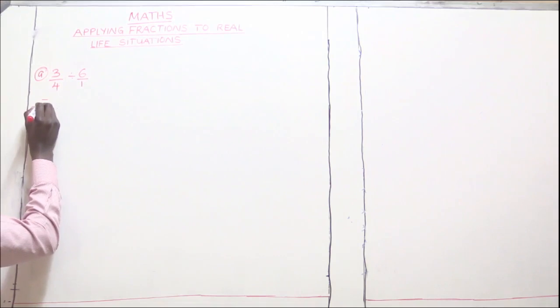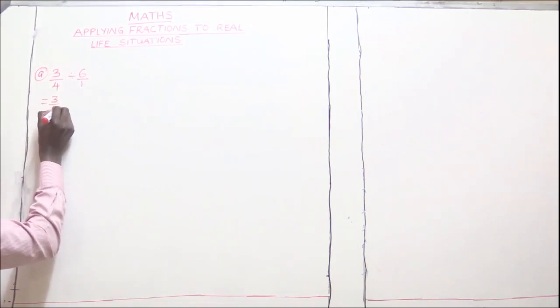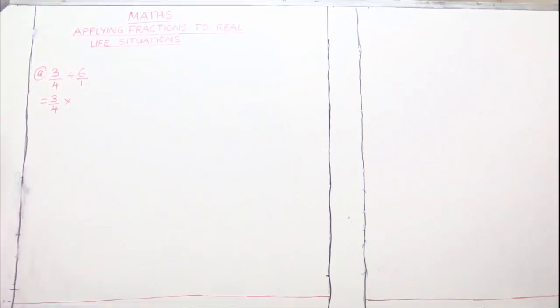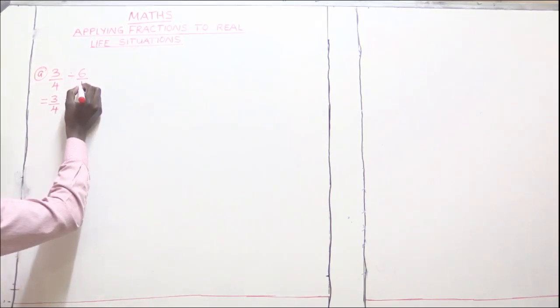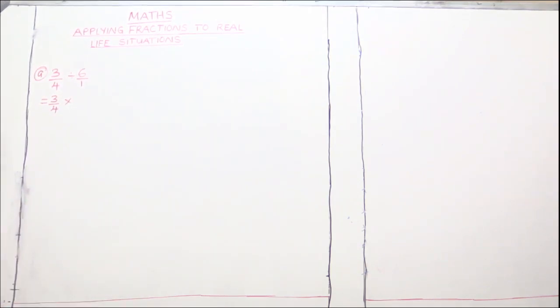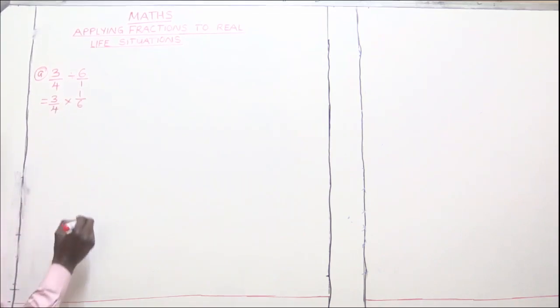The next step is you write 3/4 times, changing the division sign to a multiplication sign. Therefore, the numerator will become the denominator and the denominator will become the numerator. So it will be 1/6.